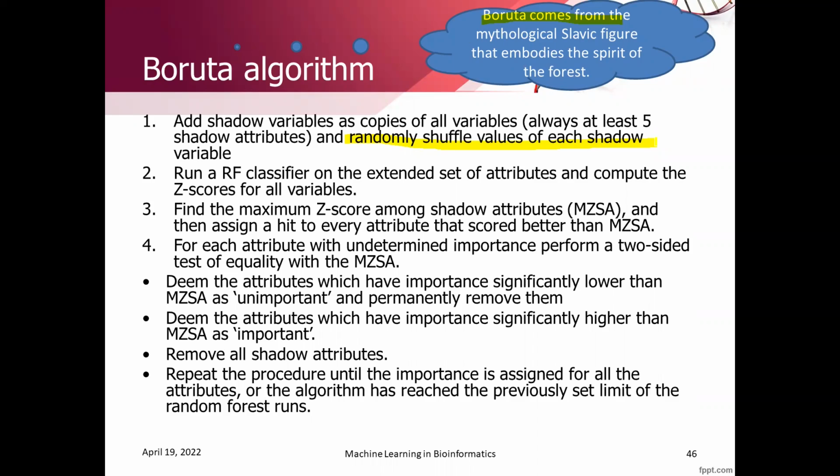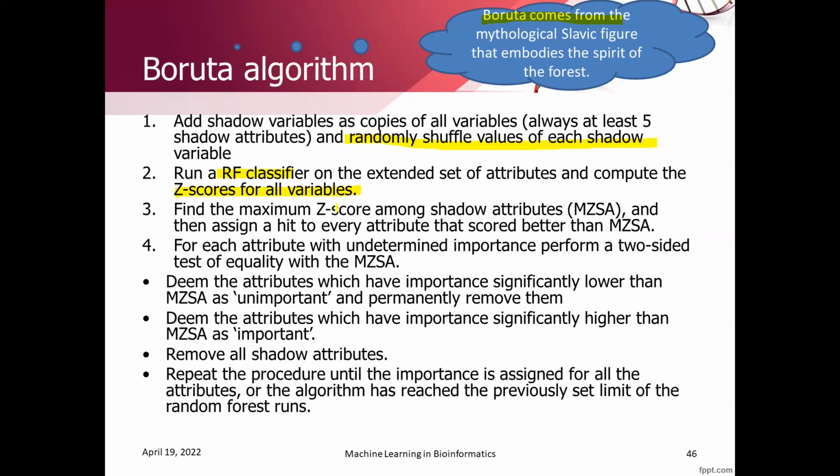All the columns are randomly shuffled. Then we build a random forest classifier and compute z-scores for all variables, for the original attributes and also for the permuted shadow attributes.